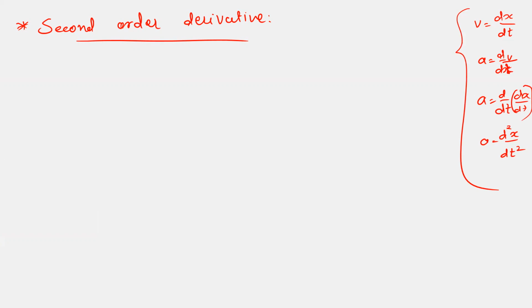So similarly, for second order derivative, we are doing one more time derivation for dy by dx or whatever is asked for. So let's take one function y is equal to f(x). Therefore dy by dx, that means if we are doing differentiation on both sides, we mention with one dash, f dash x.